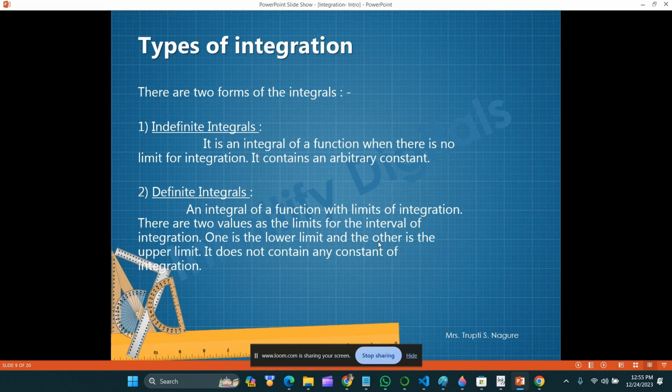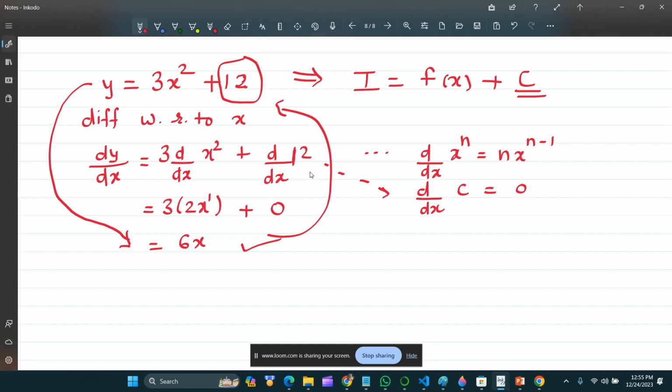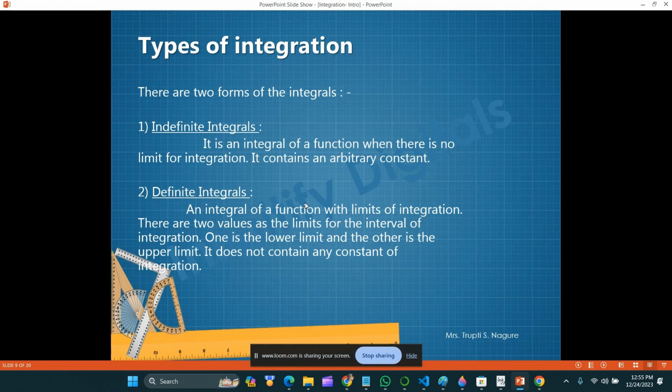Therefore, for any kind of function with no limit, we have to add the arbitrary constant, plus c, as we saw on this slide. So in indefinite integration we have to add plus c in our answer.